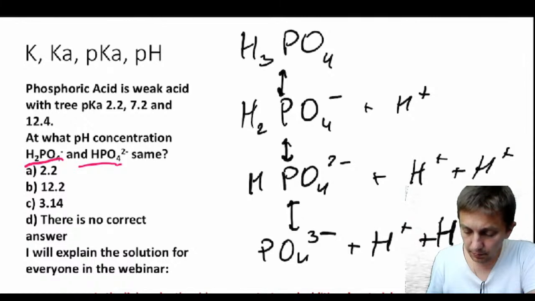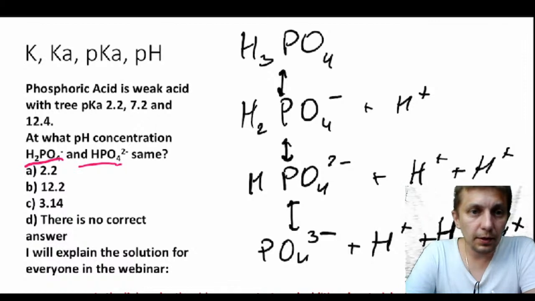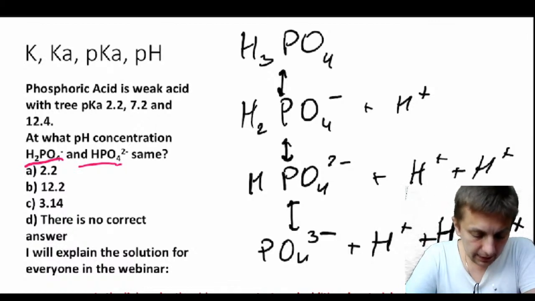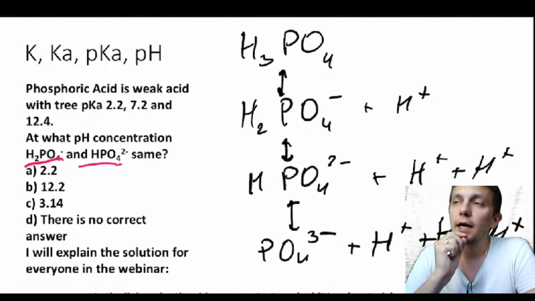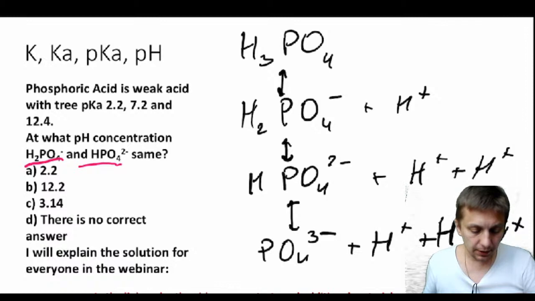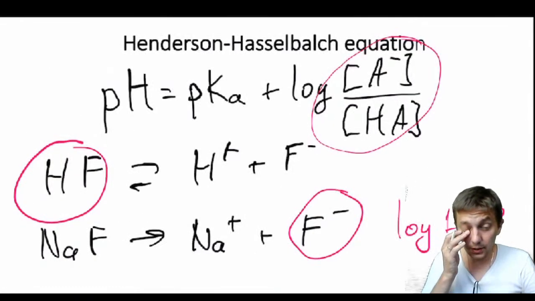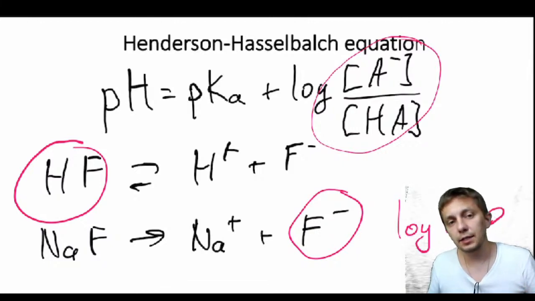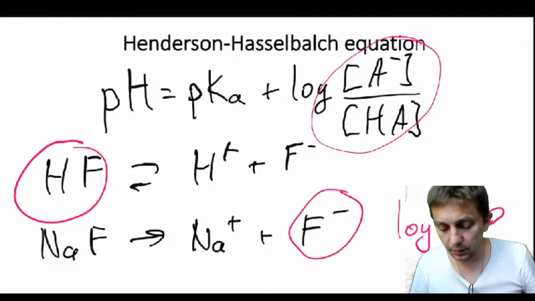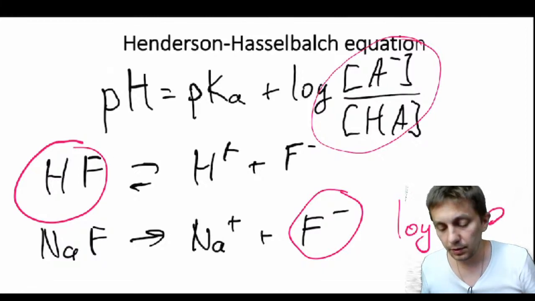Any equilibrium constant is mathematically equal to the pH at the middle of neutralization. As I said before, according to the Henderson-Hasselbalch equation, if the ratio of acid concentration to salt concentration is 1 by 1, then pH equals pKa, because the logarithm of 1 is 0.